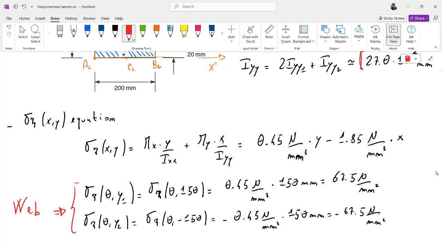And we have this equation here. Now we can apply this equation to every point where we want to know sigma z.